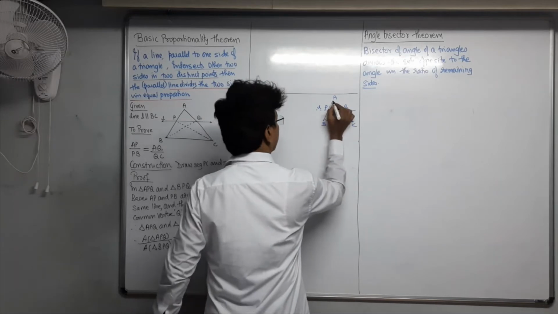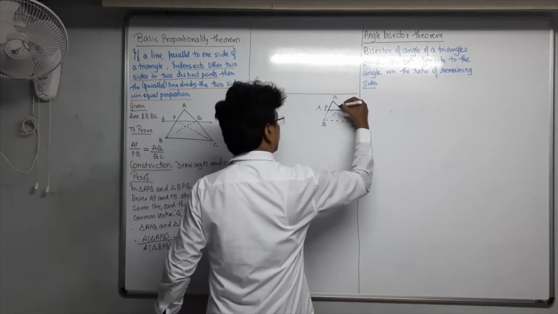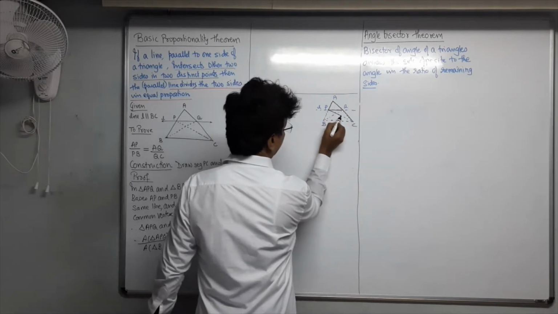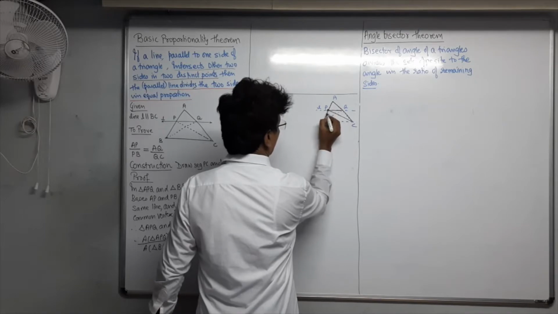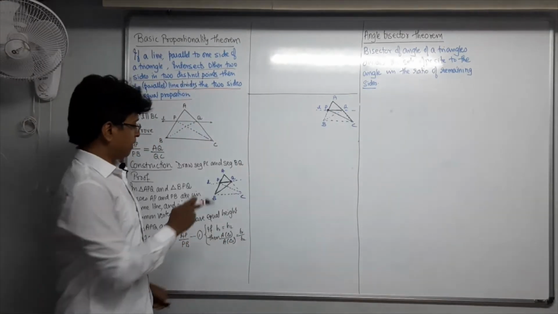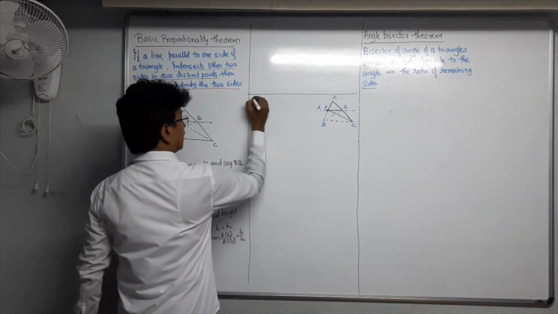APQ is going to be same. This is your triangle A, P, Q. AQ and QC will be in the same line. They will be sharing common vertex P. Everything same you will be doing on the other side. So what I will get over here?